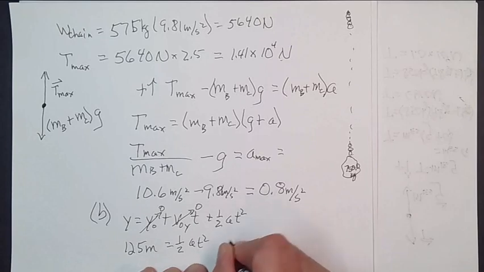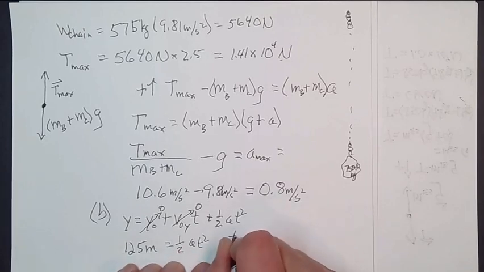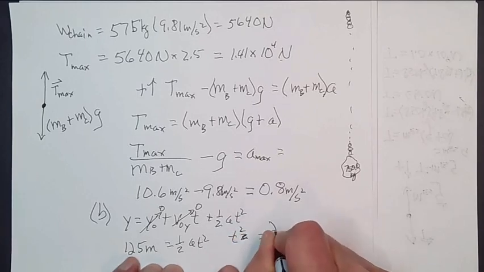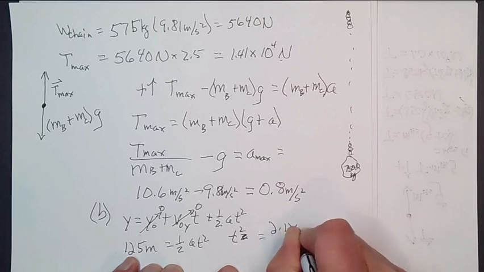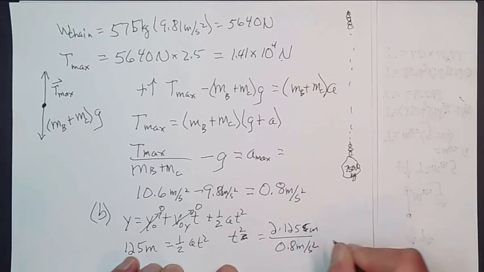So t squared is going to equal 2 times 125 meters divided by that 0.8 meters per second squared.